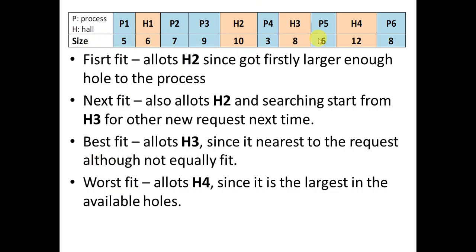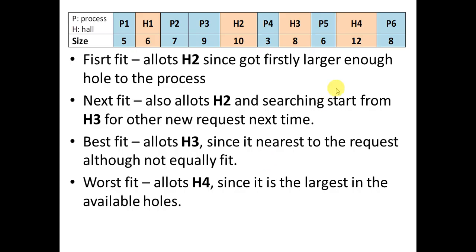It searches all the available holes, then selects the largest hole, allots the required amount to the process, and the remaining tiny hole is reserved for next usage as free space.